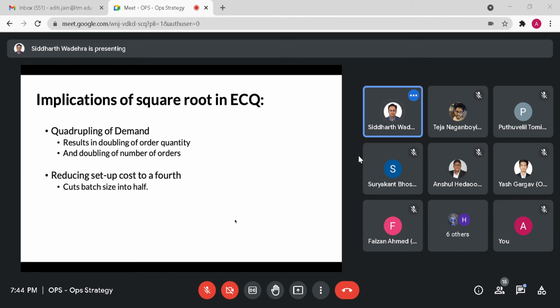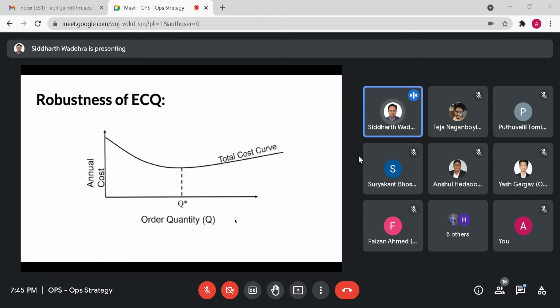When we talk about the robustness of EOQ, the other thing you can see is that the total cost is pretty flat at the optimal point. The total cost is at its minimum at Q star, and the total cost curve is pretty flat. What do we mean by this?